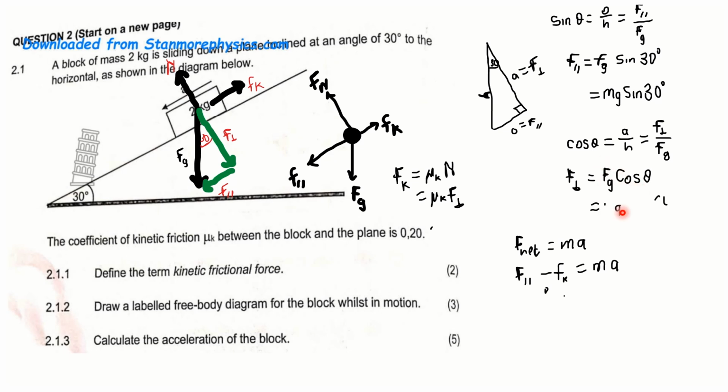FG is the same as mg, which is mass multiplied by gravitational acceleration, cos 30 this time around. So this theta, do not worry about it. It's always 30. You are more than welcome to write it as cos 30 instead of theta. There was no need to write it as theta like this. You can just write it as 30. It should be fine like that.